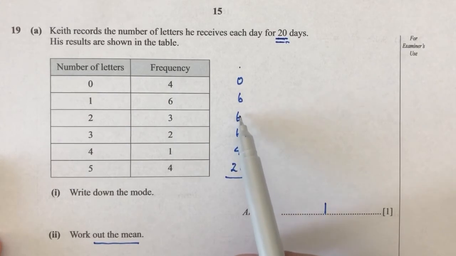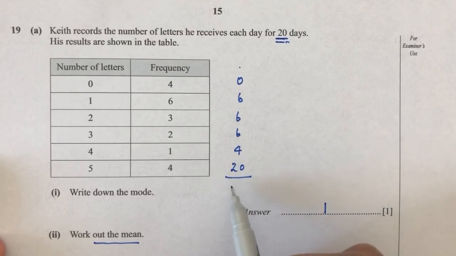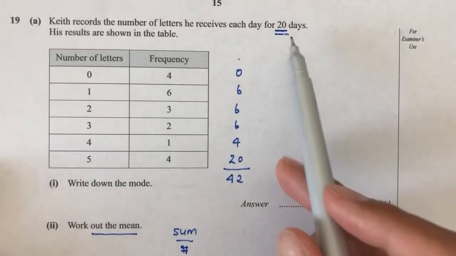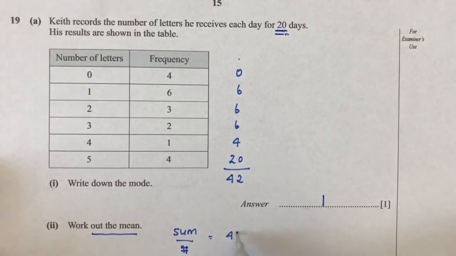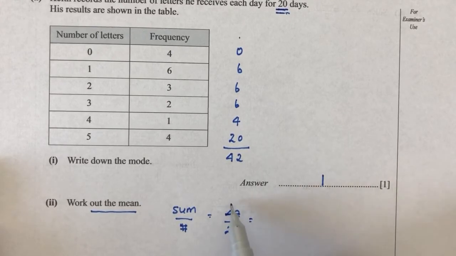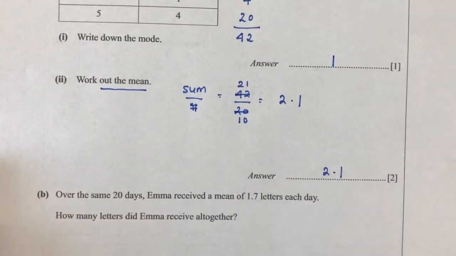So 6 plus 6 is 12, 12 plus 6 is 18, 18 plus 4 is 22, 22 plus 20 will be 42. So 42 is the sum of letters, so the mean will be the sum divided by the number of days, which is 20. So 42 divided by 20 is 2.1. The mean will be 2.1.